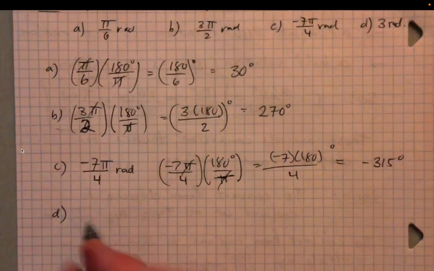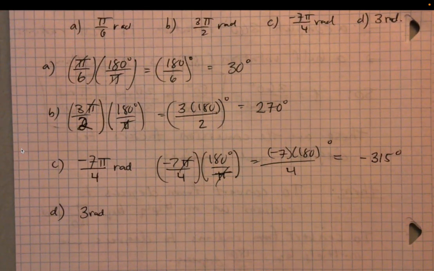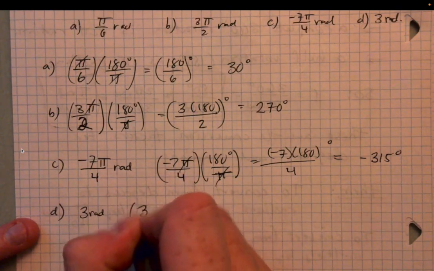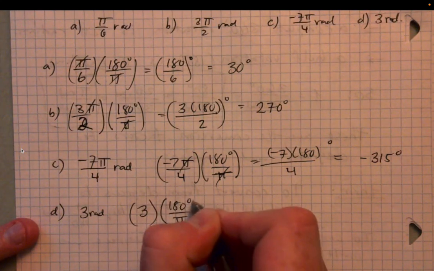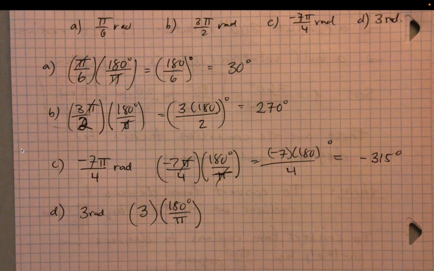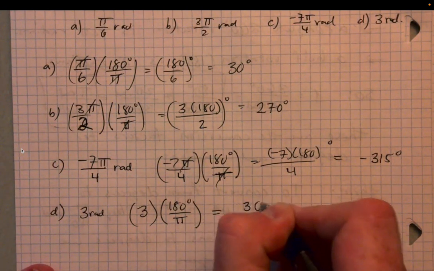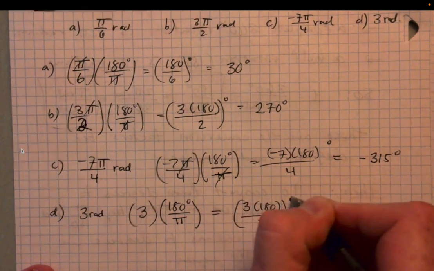And then the last one, 3 radians. There's no pi here, so that means it's going to be an approximation. What you can do is take the 3 and multiply it again times 180 degrees over pi. In this case the pi doesn't cancel, so you're going to end up with 3 times 180 over pi degrees.